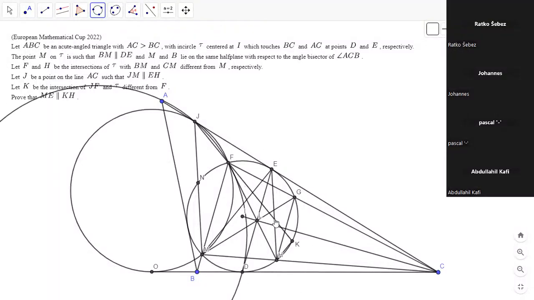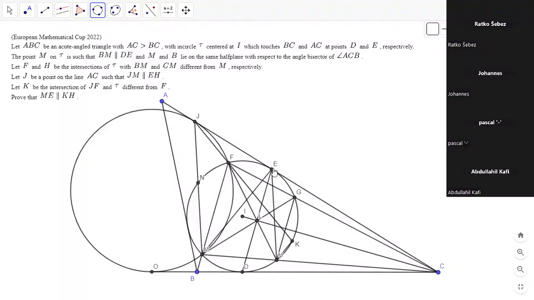I can't remember what it was. So a homothety would take EGH to JFM, or we want to show it does.